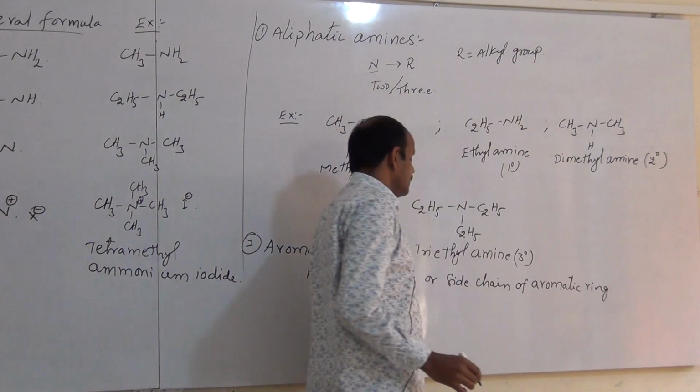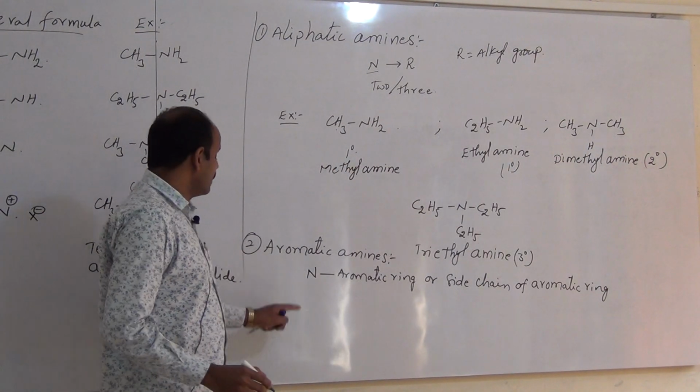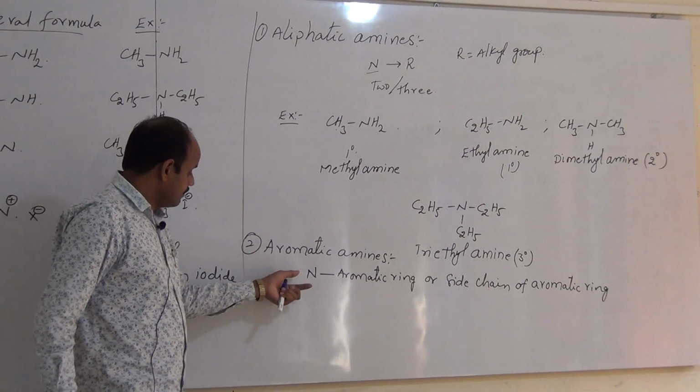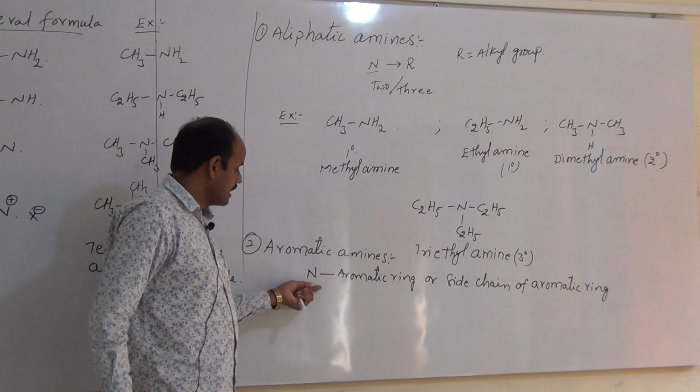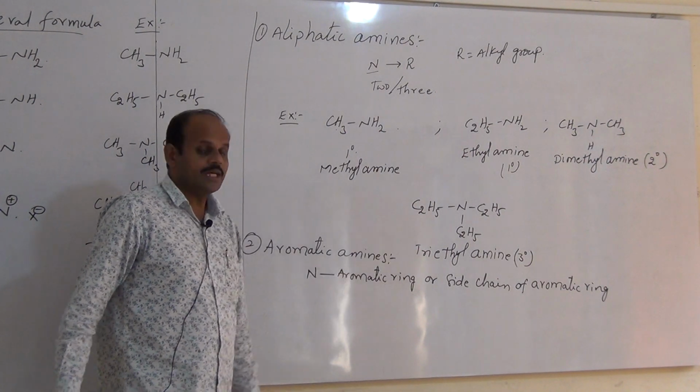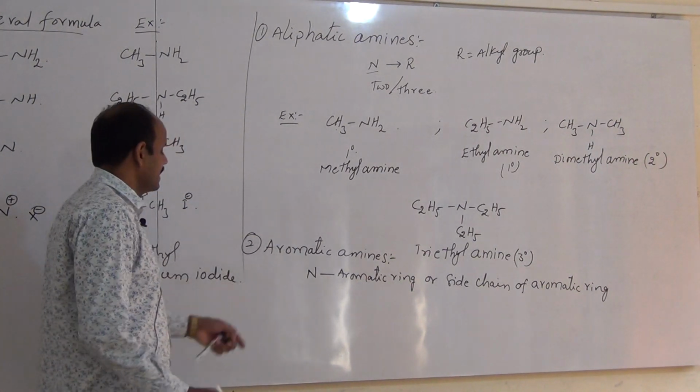Aromatic ring nothing but you can take a benzene ring also. Such compounds are called as aromatic amines. In these amines, nitrogen atom is directly attached to aromatic ring, that is benzene ring, or side chain of aromatic ring are called aromatic amines.